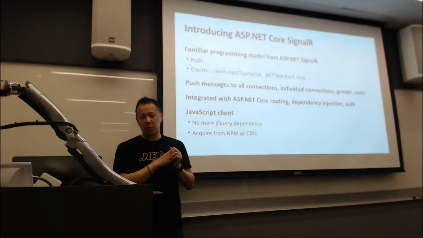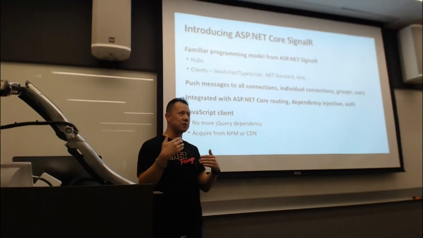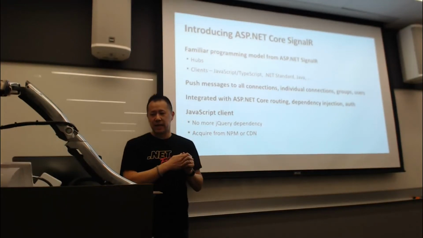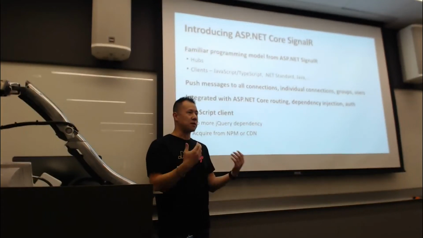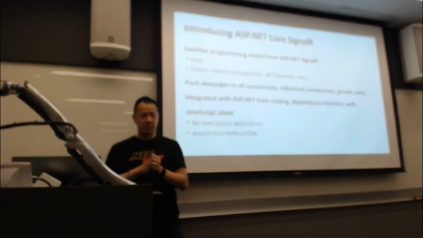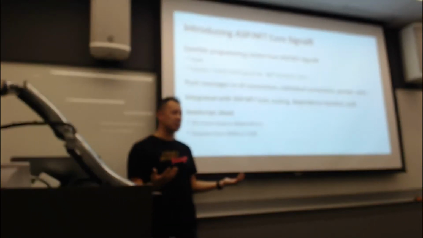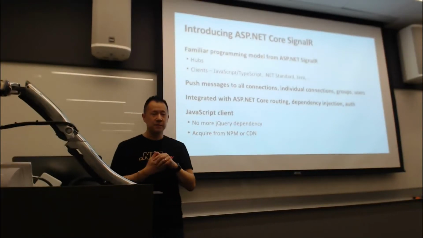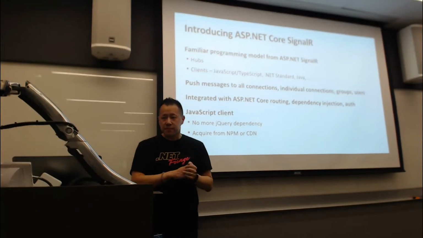But we're starting to follow the conventions of the language of the client that we're implementing. So for example, if we're building a JavaScript client, we're now putting that client on NPM because that's where JavaScript people expect it. Our Java client is going to be on Maven, and our .NET client is on NuGet.